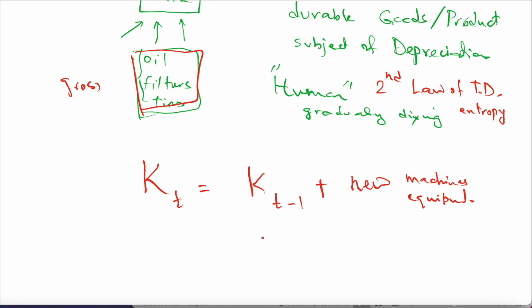But every machine and equipment gradually dies, right? They're dying out, they wear out. So these new machines are called net investment. It makes us more productive. If you have more machines and equipment, labor can work and produce more output.